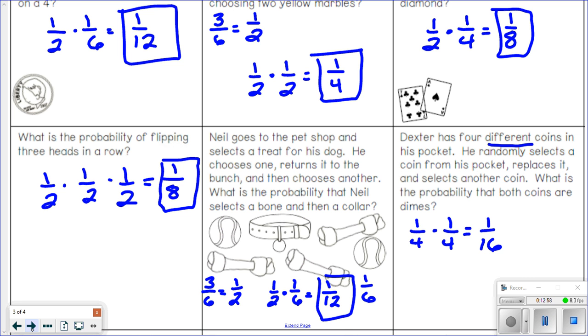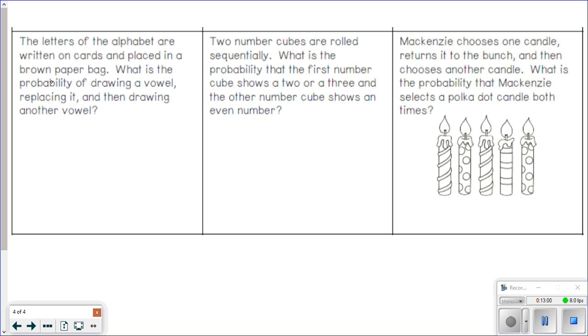All right, last little bit here. The letters of the alphabet, there's 26 letters in the alphabet, are written on cards and placed in a brown paper bag. What is the probability of drawing a vowel, replacing it, and then drawing another vowel? So 26 letters in the alphabet. How many vowels are there? A, E, I, O, U. I don't know. Should we count Y and sometimes Y?